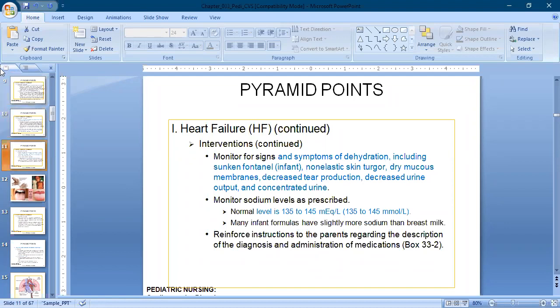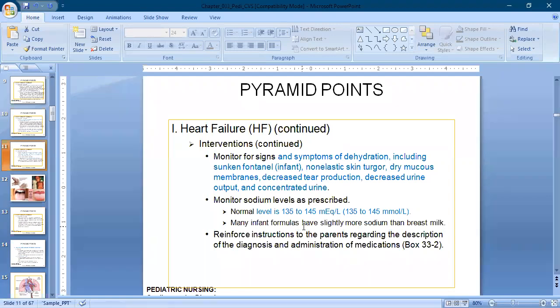If it is less than this, it's called hyponatremia. If it is more than this, it's called hypernatremia.